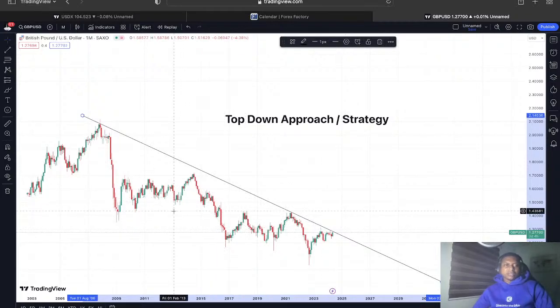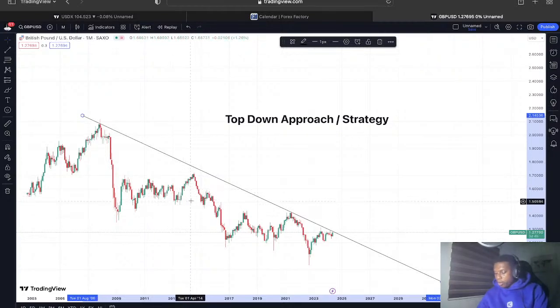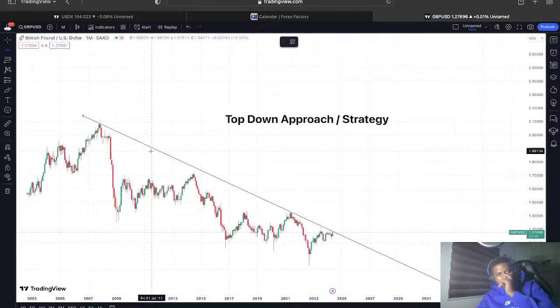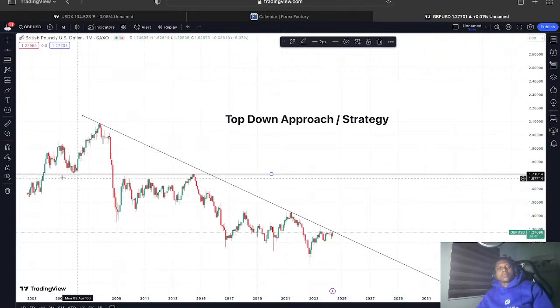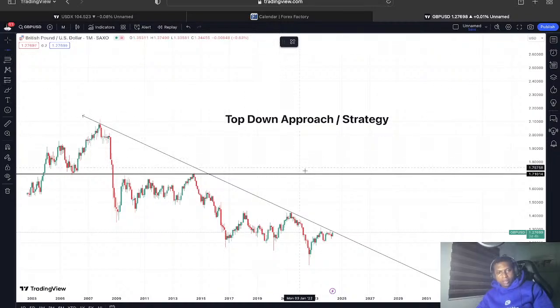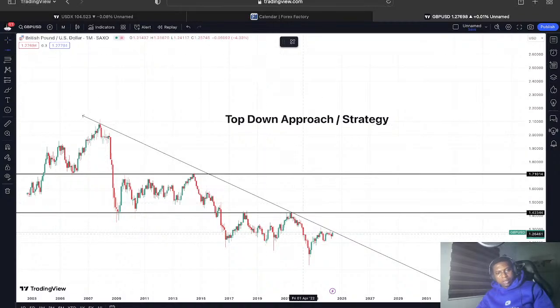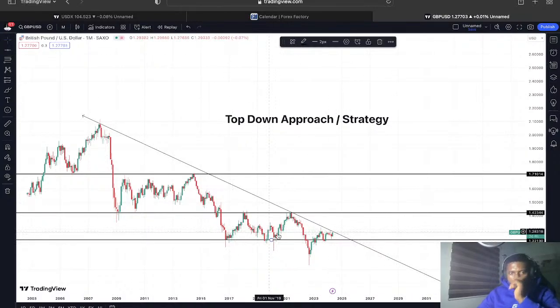Now, one other interesting thing is this: we need to map our levels of support and resistance. Let's do this. Here is a level. Here is another level. Here is another level.